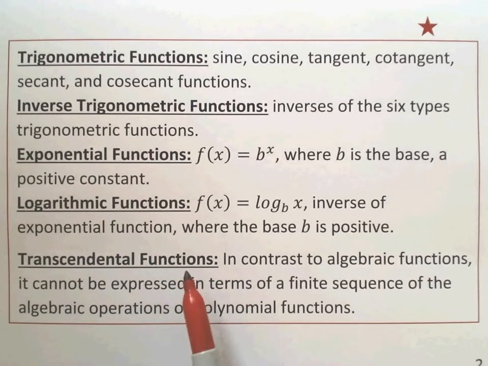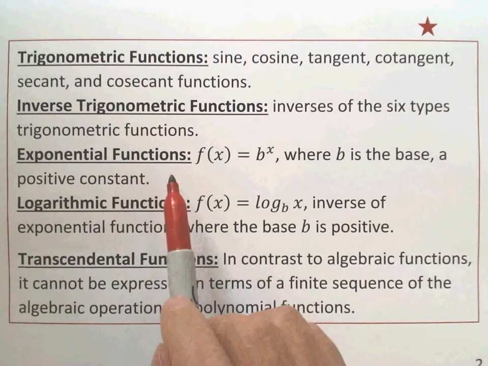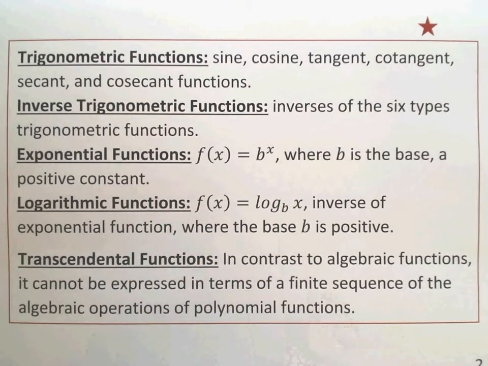In the future, you will learn other transcendental functions, other than trig, inverse trig, exponential, logarithm. What exactly is the definition? The function cannot be expressed in terms of a finite sequence of algebraic operations of polynomial functions, which means any function other than algebraic, we call it transcendental.